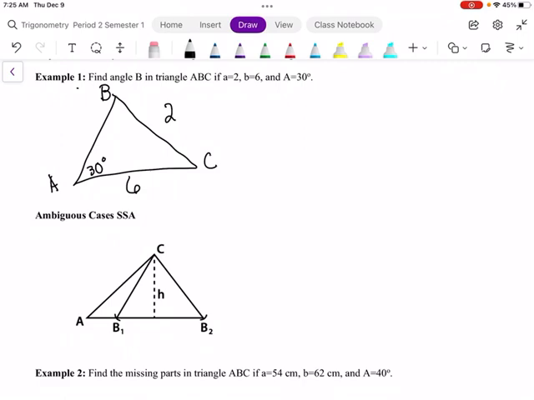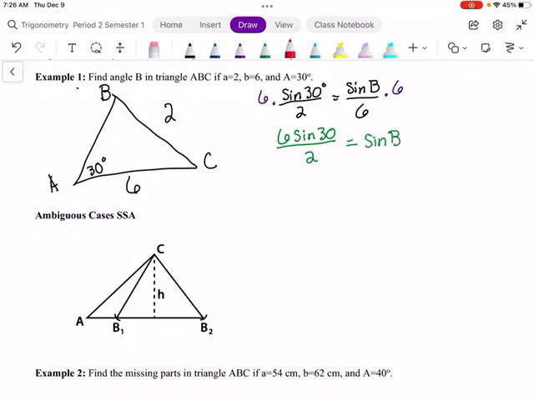So when we set that up, we would have had the sine of 30 degrees over 2 equals the sine of B over 6. So to get sine of B by itself, we're going to multiply both sides by 6. And we'll get 6 sine of 30 over 2 equals the sine of B.